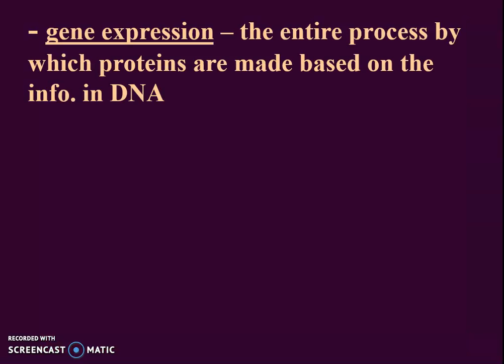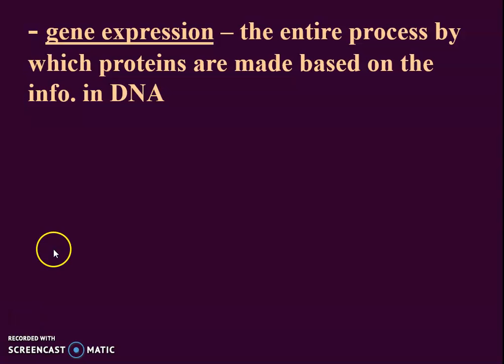We call this process gene expression: how DNA, that instruction, codes for proteins so that our genes can be expressed. You almost want to think of our DNA like the instructions that come in Legos, and then you put them together to build a product. That's kind of what goes on with gene expression.